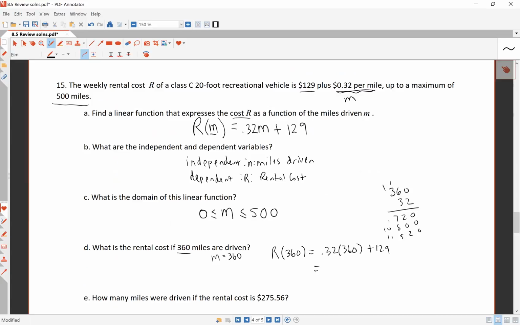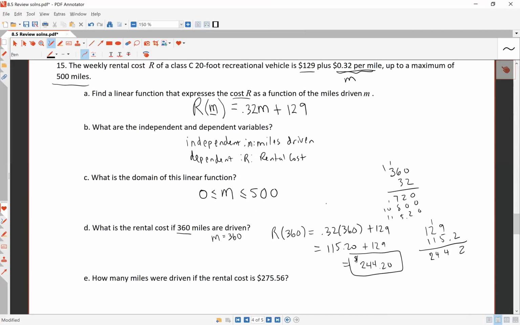It's 115.20. $115.20 plus 129 is 244.20. That would be the rental cost.